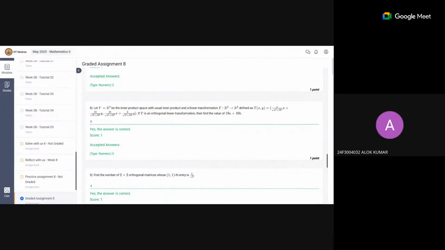Can you please explain how the transformation T(x, y) is equal to a divided by root of a squared plus b squared, with the inner product specifically? If T is an orthogonal linear transformation, then find the value of 19a plus 16.